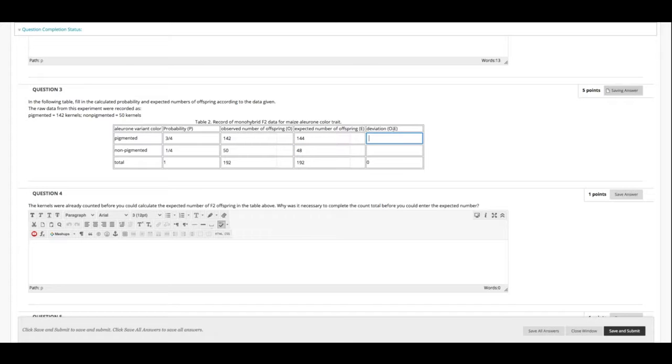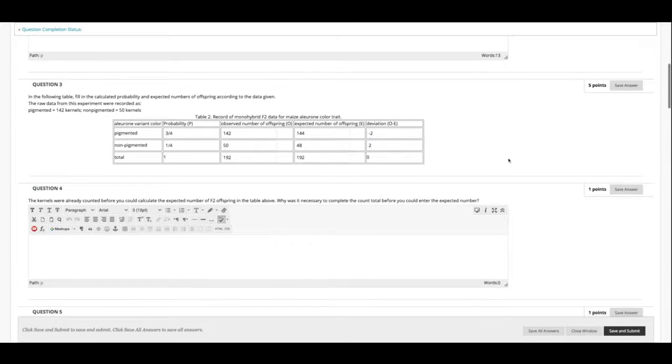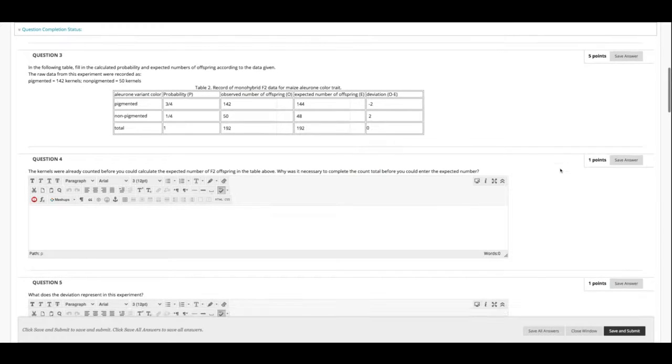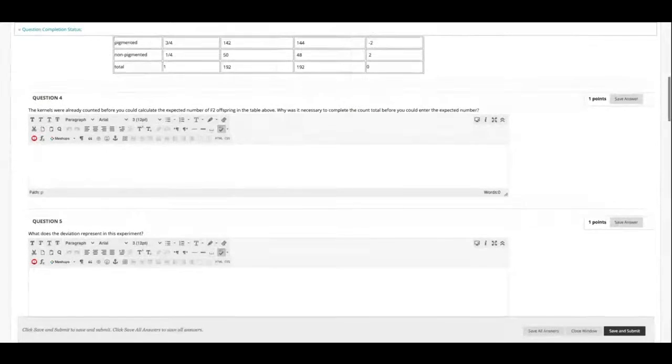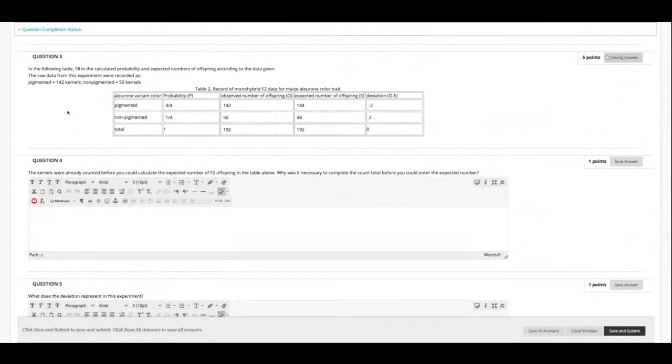All right. So observed minus expected, this would be -2 and +2. Cool. All right. Is everyone good with the table? Yeah. All right. Awesome.